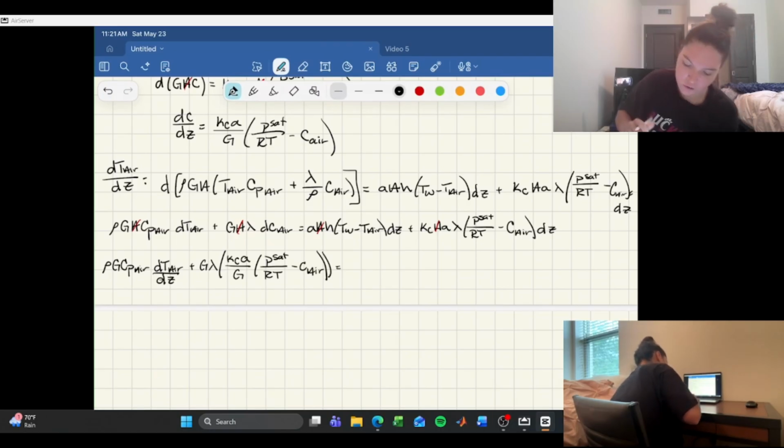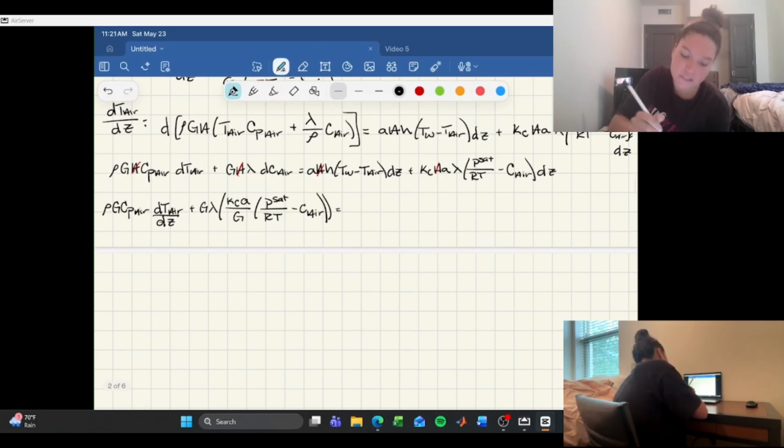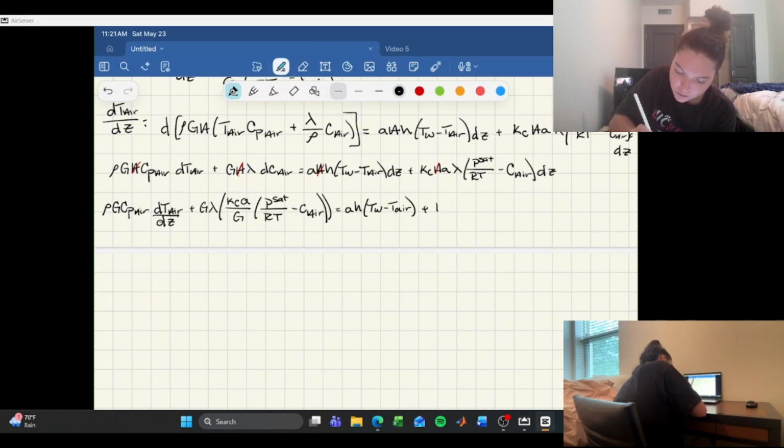That's going to be equal to, this right side will stay the same. It'll be packing times heat transfer coefficient times the temperature of water minus temperature of air plus the mass transfer coefficient times the enthalpy of vaporization times packing times the saturated pressure of the water over the gas constant times temperature minus the concentration of air.